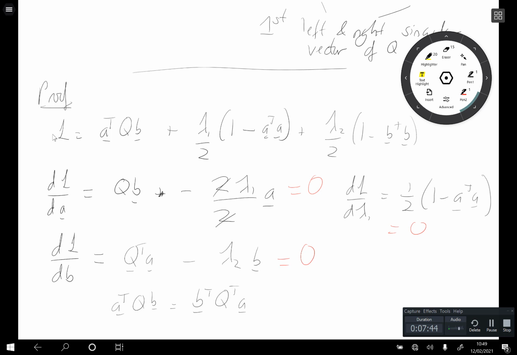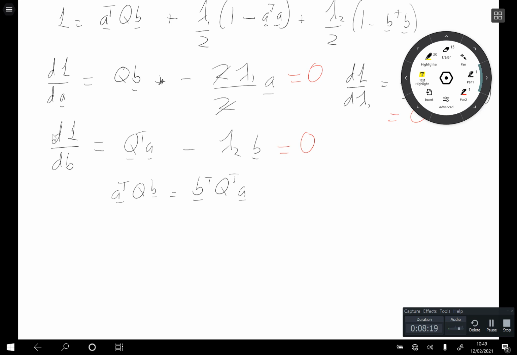These are the interesting ones, and I didn't bother writing down the constraint for B. So we've got two equations: QB equals lambda 1 A, and Q transposed A equals lambda 2 B.